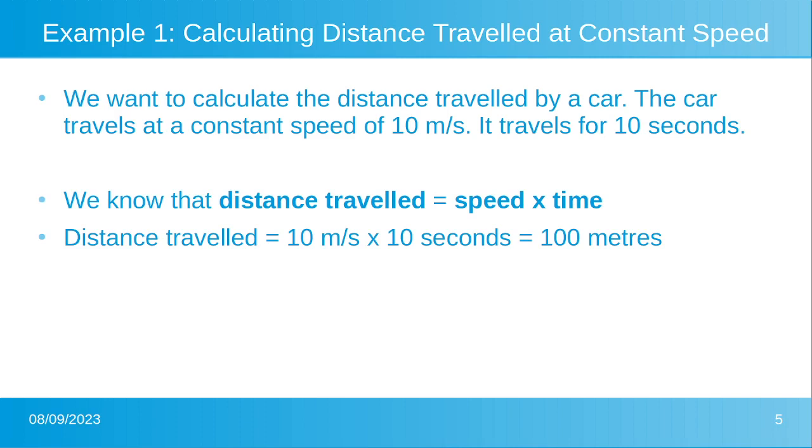Now, we know that distance traveled is equal to speed multiplied by time. So the distance traveled by our car is equal to 10 meters per second, its speed, multiplied by the time, 10 seconds, which gives us 10 multiplied by 10, 100 meters.